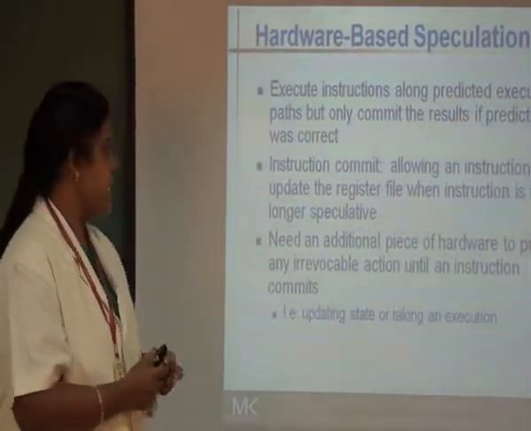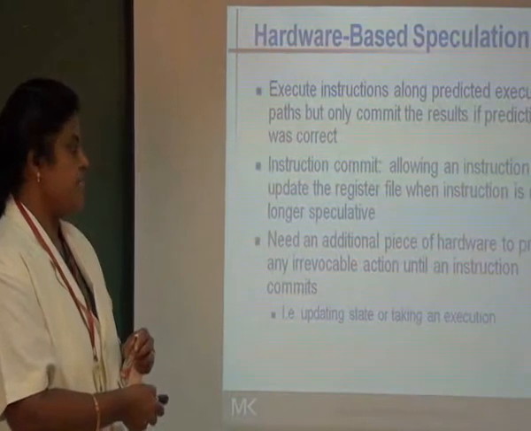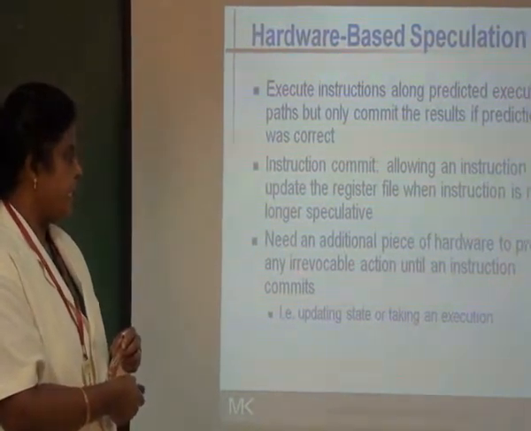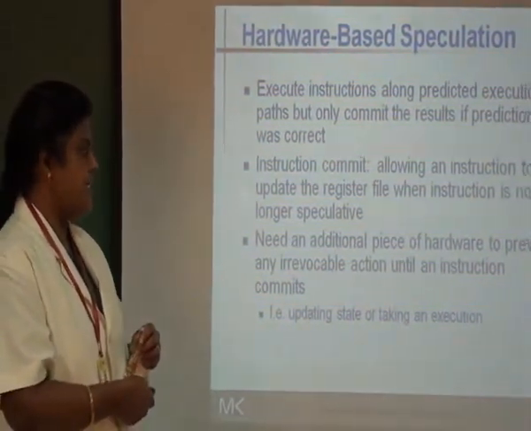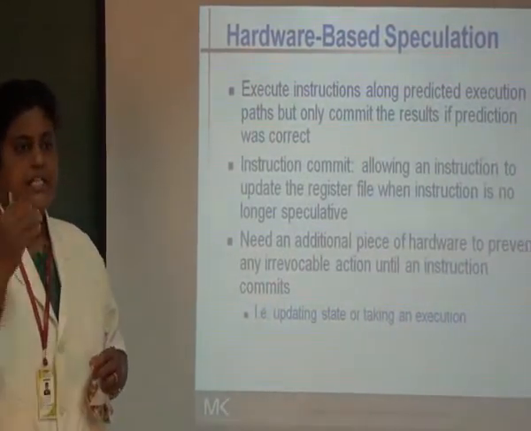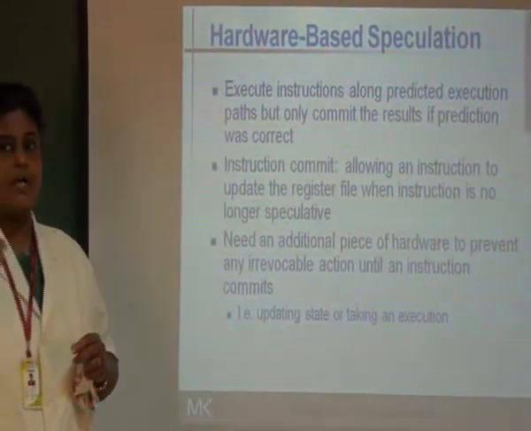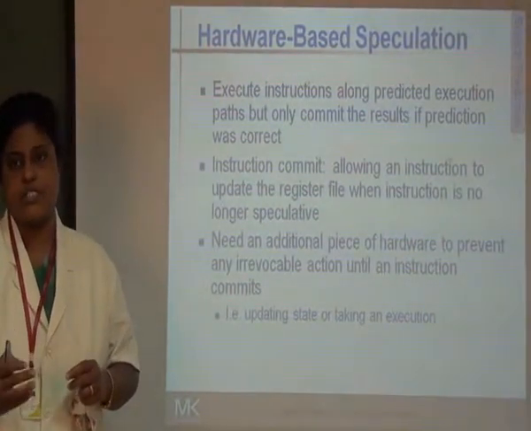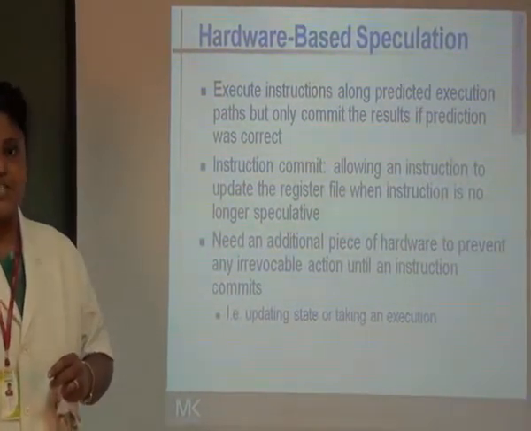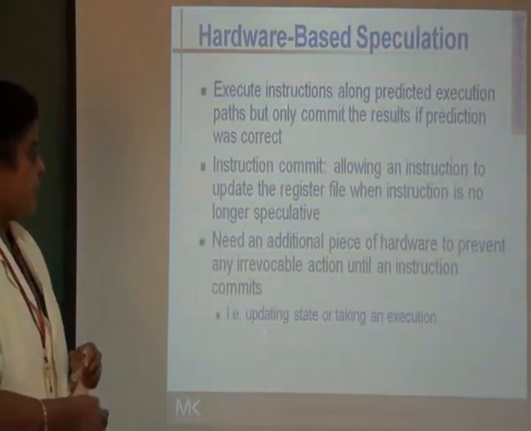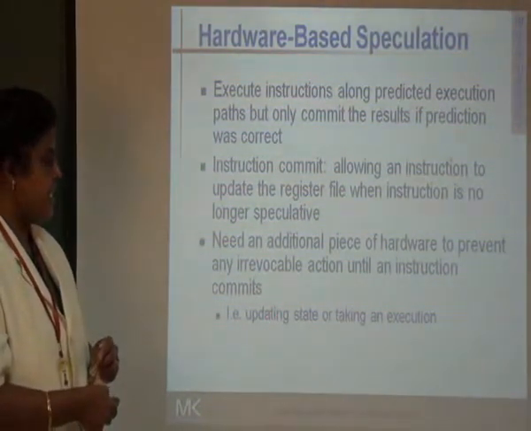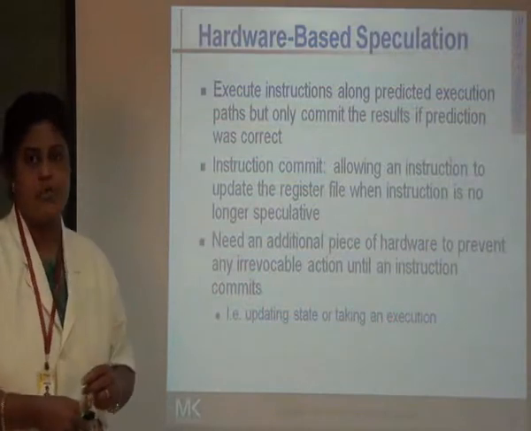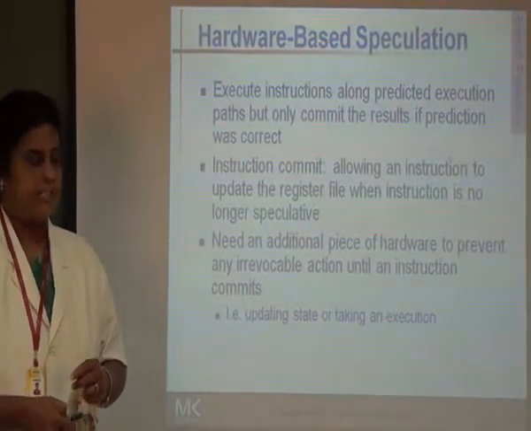So in that case, we need an additional piece of hardware to prevent any irrevocable action until an instruction commits. Until an instruction does the operation of commitment, something irrevocable must not happen inside the processor. Therefore, we need an additional hardware for that. It is just like updating the state or taking an execution path.